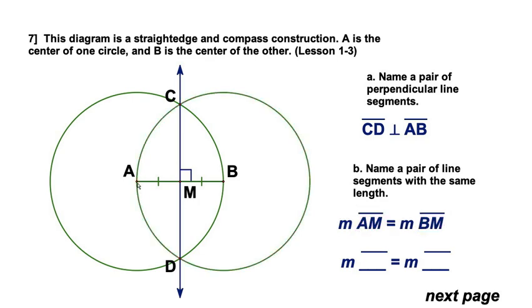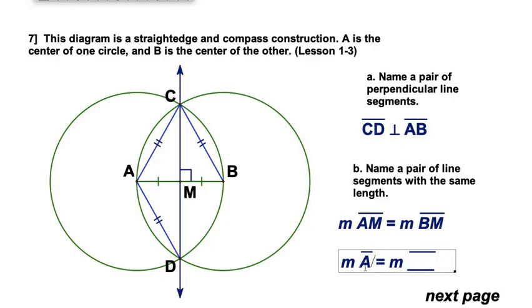And I could make use of any of these other statements here. I could, for instance, say AC is congruent to BC, or I could have said AC congruent to AD. So I'll just pick one of those. We're just looking for one statement, one pair. We didn't need to name them all. So I'm going to go AC and say that's the same as AD.